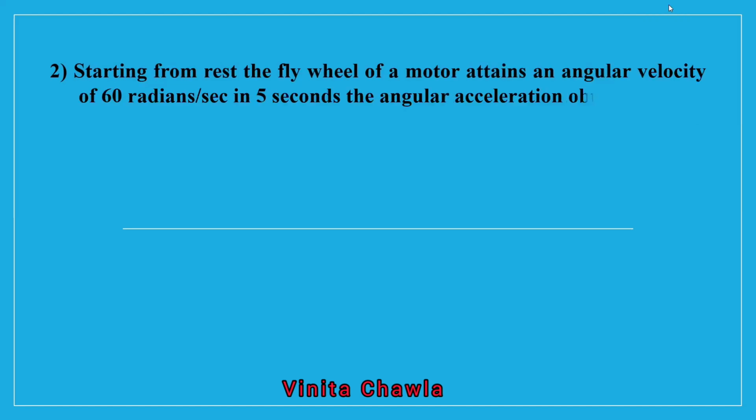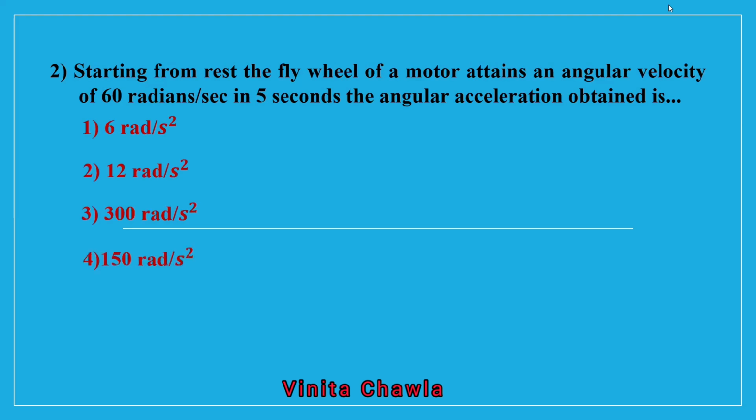Starting from rest, the flywheel of a motor attains an angular velocity of 60 radians per second in 5 seconds. The angular acceleration obtained is 6 radian per second square, 12 radian per second square, 300 radian per second square, or 150 radian per second square. What is the initial angular velocity here?